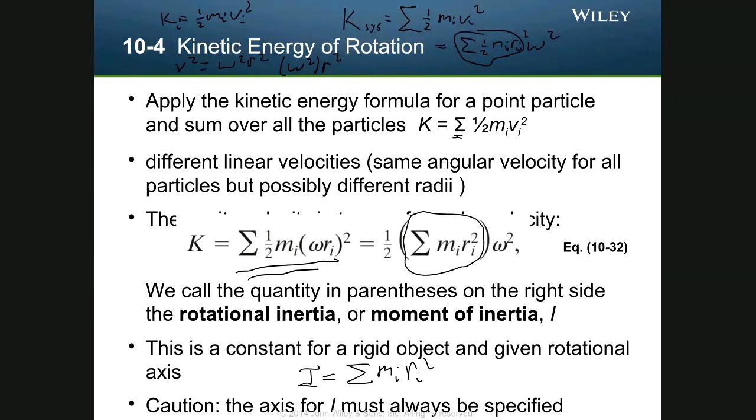If you put your rotation in different places, that moment of inertia will change, depending on its distance from that rotational axis. So this caution is very important. It must always be specified. Again, we'll call this uppercase I, the moment of inertia.